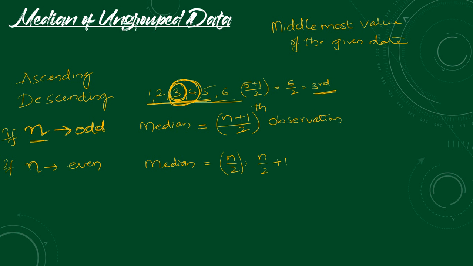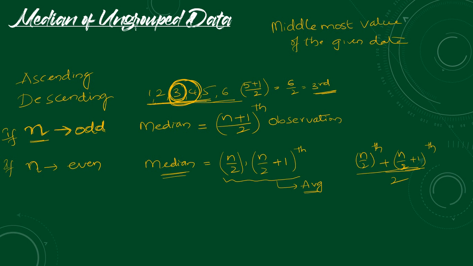You need to consider the average of these 2 observations, and that will be my median of ungrouped data when n is even. So clearly I can write it as the n by 2th observation plus the n by 2 plus 1th observation, divided by 2.